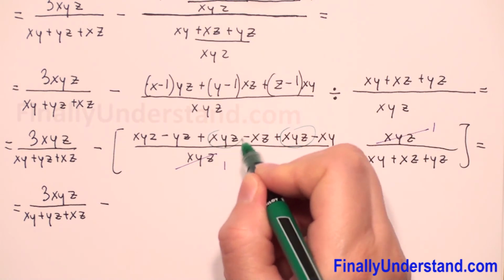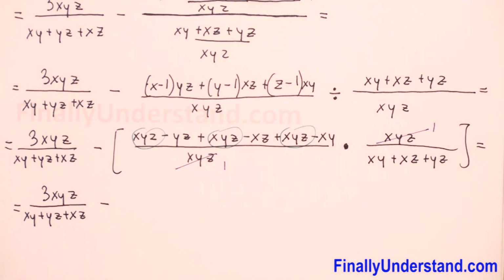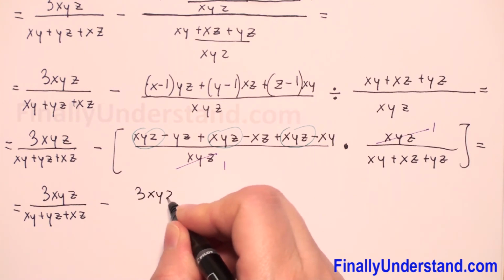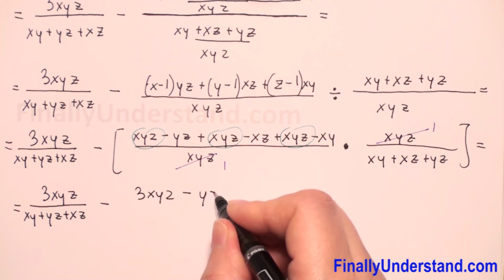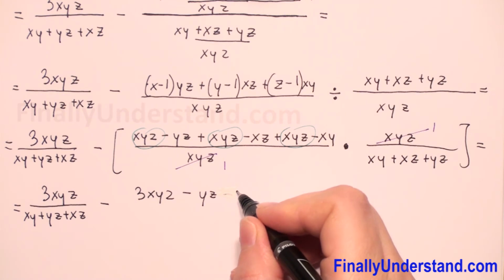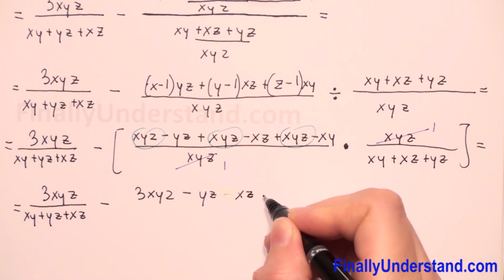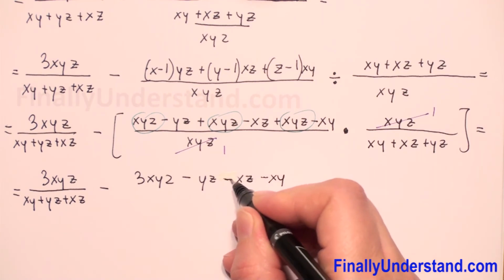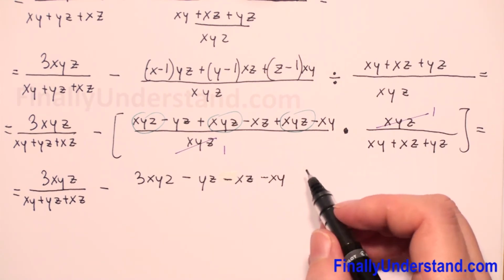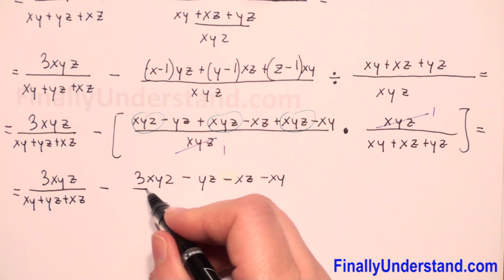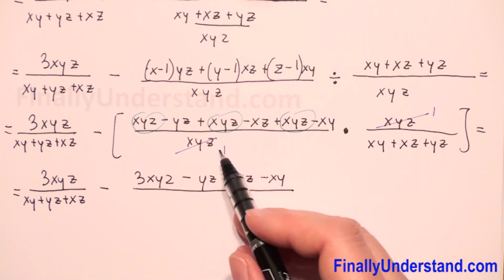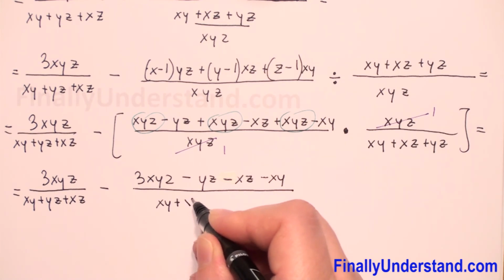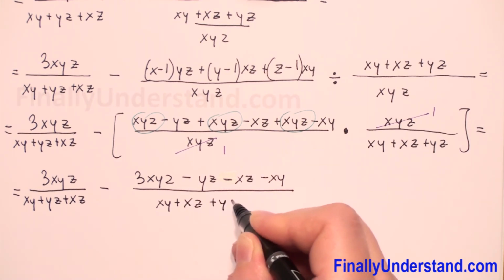These 3 expressions we can add, it will be 3xyz minus yz minus xz and minus xy. So next we have over 1 times this whole expression, so it will be xy plus xz plus yz.